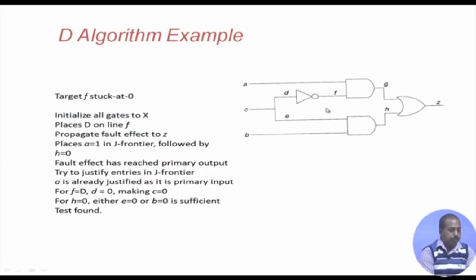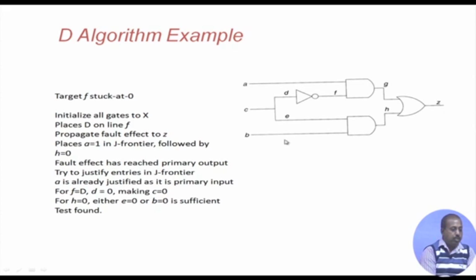Now, for F to be equal to D, this gate was in the J frontier because its output was D and this input was X. So, we have to justify this, we have to make the other input equal to 0. For that we make C equal to 0. That way F equals D.